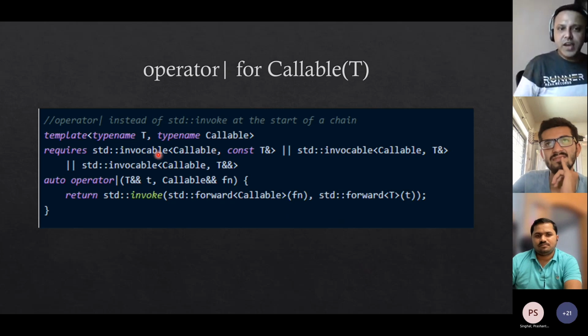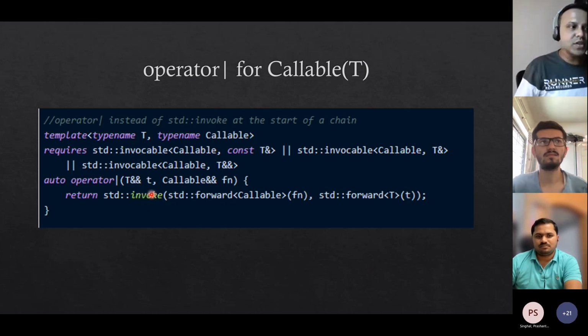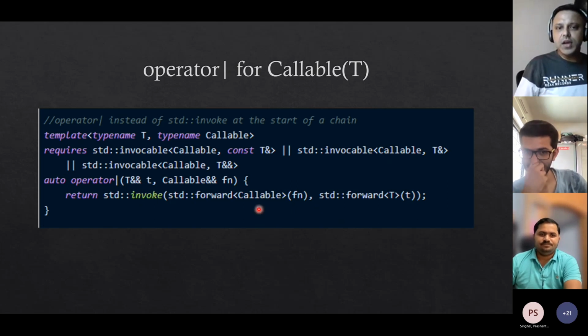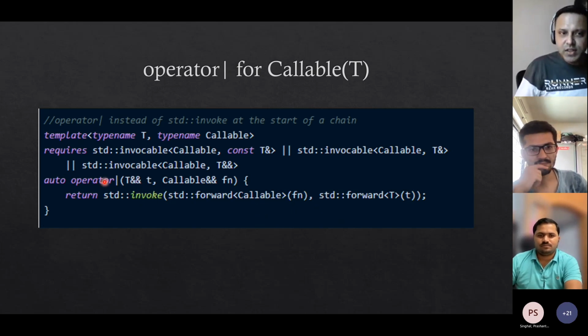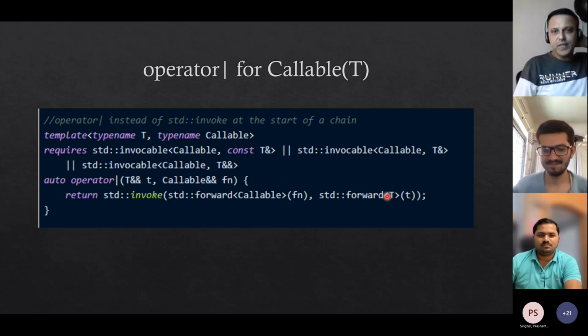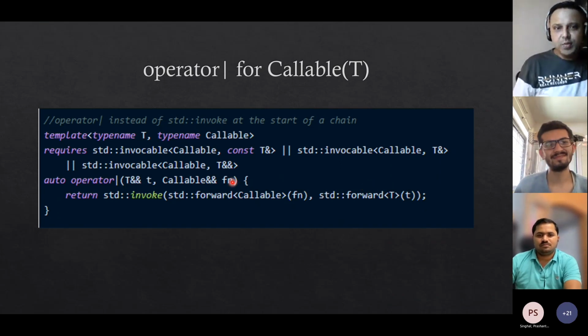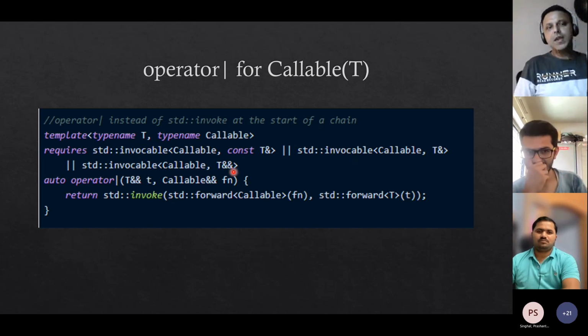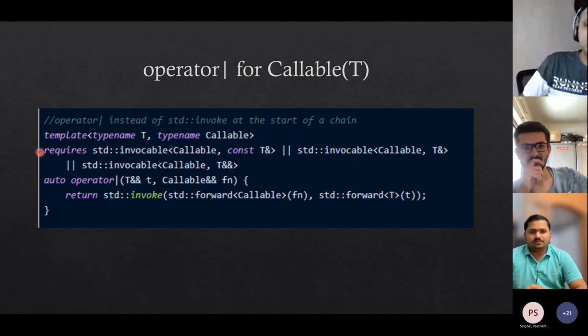So here we have a similar kind of thing, and here you see C++17 invoke is used. Okay, and we have the same two things in the operator, T and callable, and we just invoke the callable with the T. That's all we do here. Here we are just trying to specify that there is a restriction.